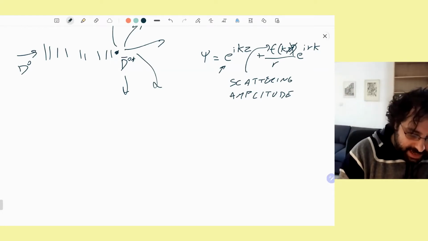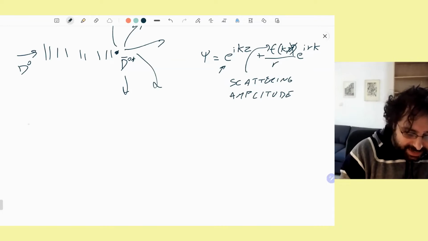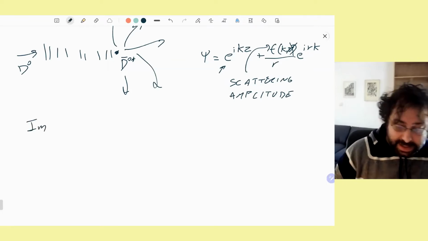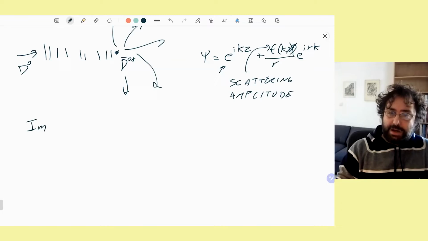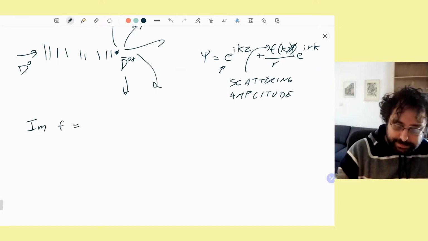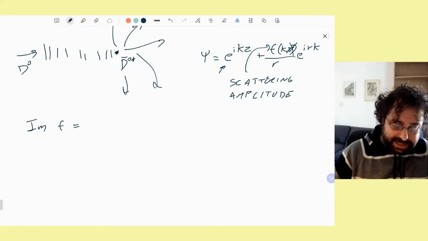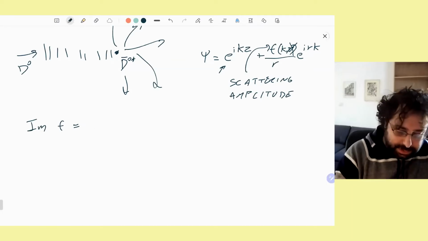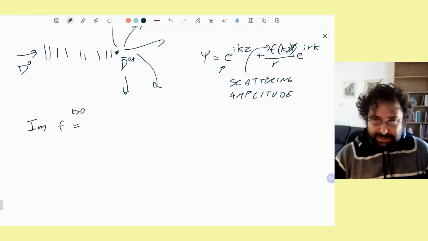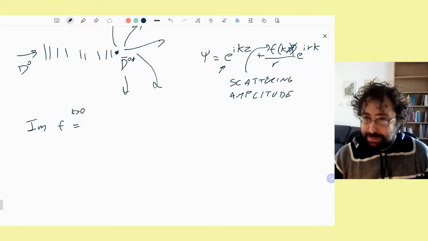And in terms of the amplitude, well, you can write this in several ways, but in terms of the amplitude, this puts constraints on the imaginary part of the amplitude. This basically tells us that the imaginary part of the amplitude above threshold, so for k greater than 0, and I will tell you in a second why I have to specify this.